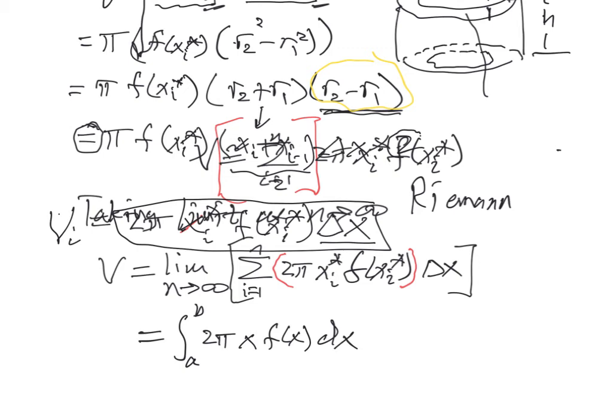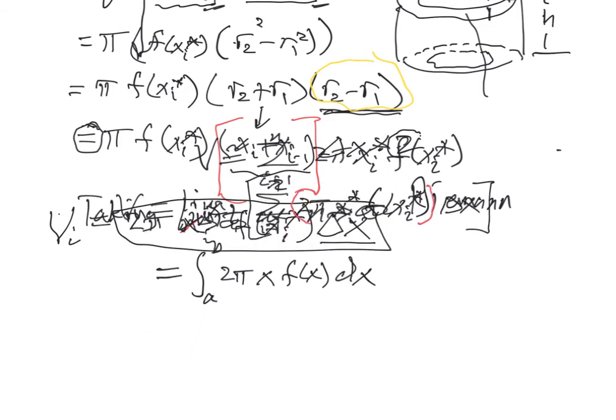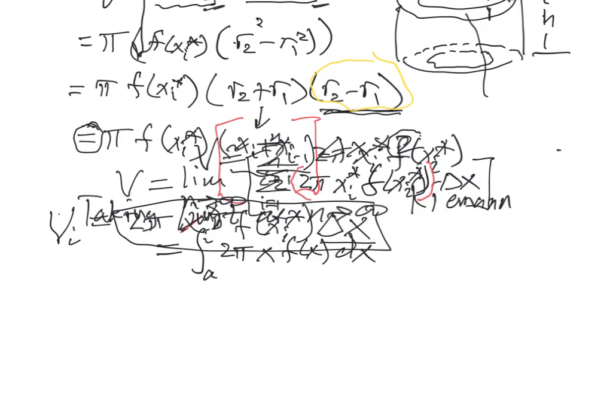And then finally, let's pop the constant out. And here is our formula. This is how we're going to solve problems: 2 pi, integral from a to b, x f of x dx.